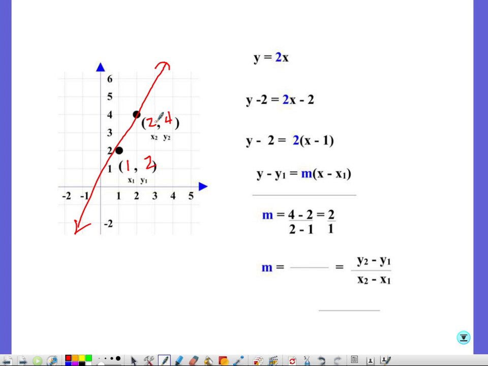Well, from the graph, you're going to have to have 2 points. So these are our 2 points, 1, 2, and 2, 4, and use a formula for slope, and this is called the slope formula.